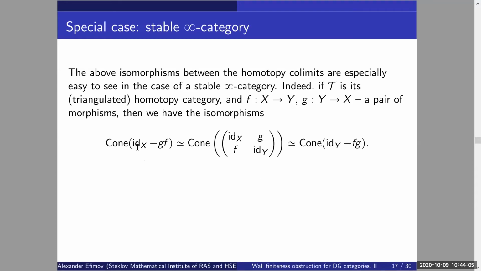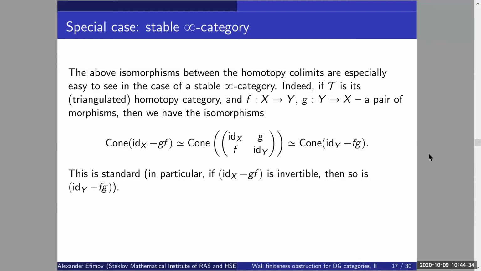So the cone of identity of x minus gf is isomorphic to the cone of this matrix, and it's isomorphic to the cone of identity minus fg. This is basically just doing some elementary transformations with rows and columns of this matrix; this is well known.